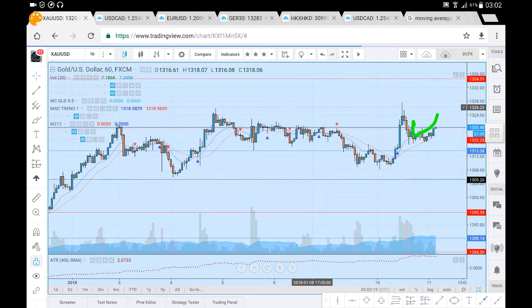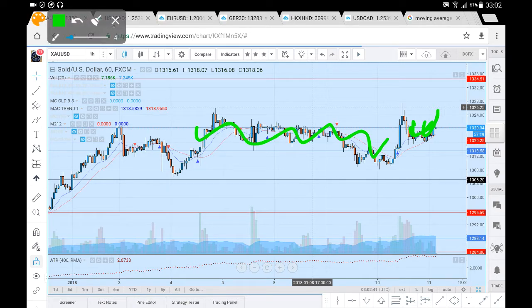So if we are able to successfully navigate the 1320 level, and I see no reason why not. 1320 has been tested quite frequently over a short period of time. So the next tests or so should possibly see a break above this 1320 level.